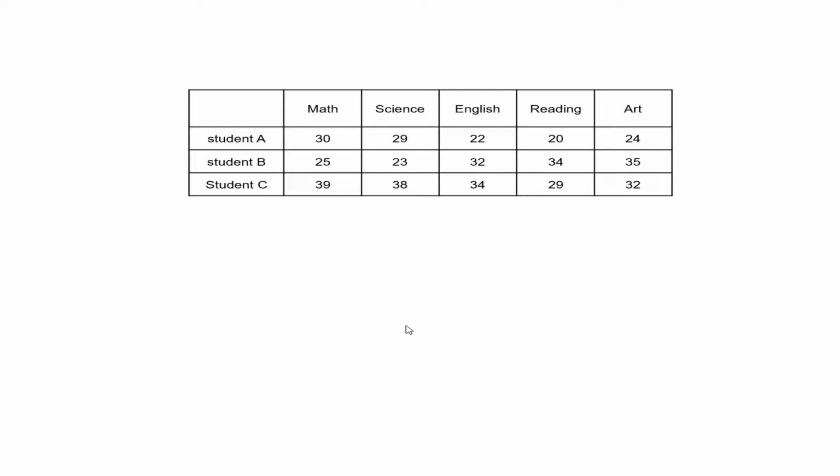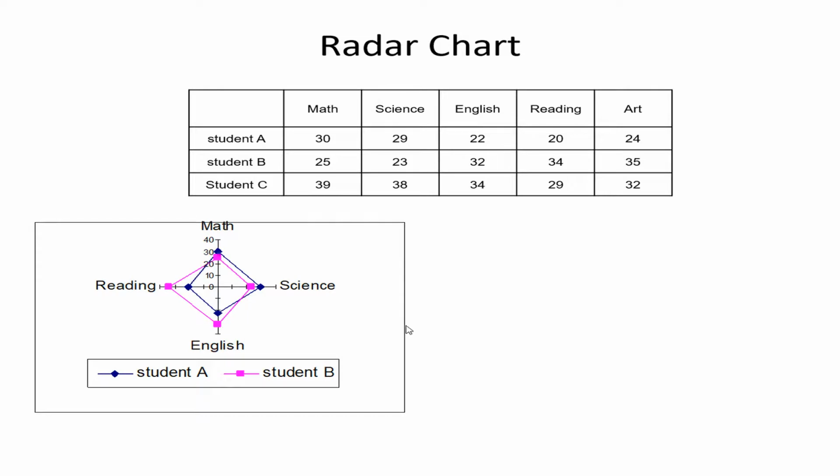One way of doing this, and this is my suggestion, is to use something called a radar chart. As you can see, in this case I am using only 2 students, A and B, and only 4 subjects: math, science, English, and reading. Therefore I am using this part of the graph here.